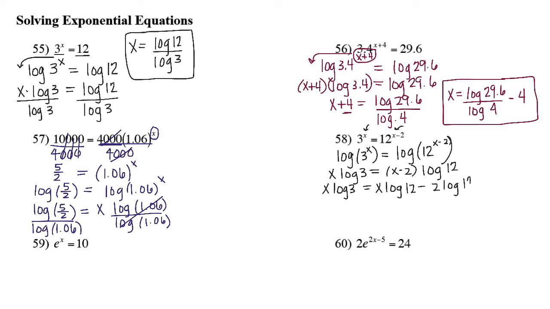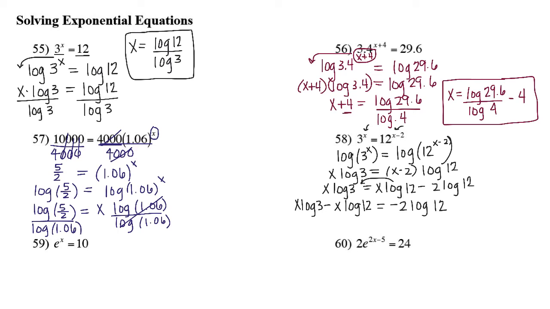And again, keep in mind your goal is to get your x's together on one side. And so it looks like we might have to subtract over that log. So I have x log 3 minus x log 12 equals negative 2 log 12.